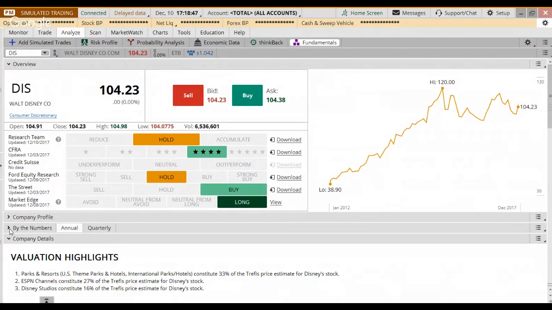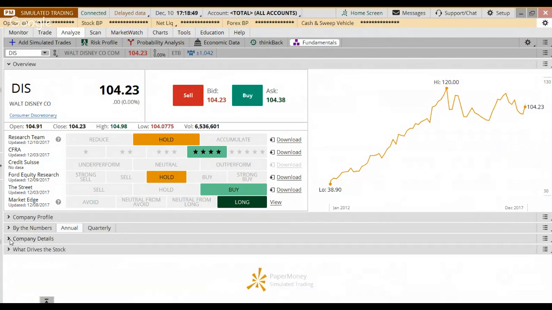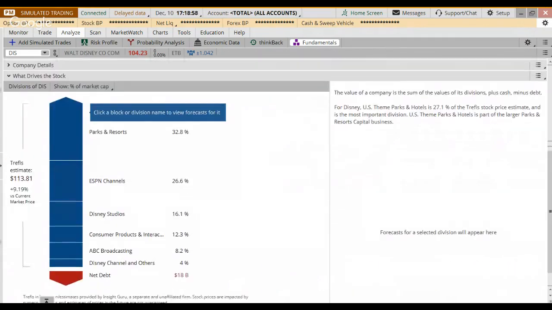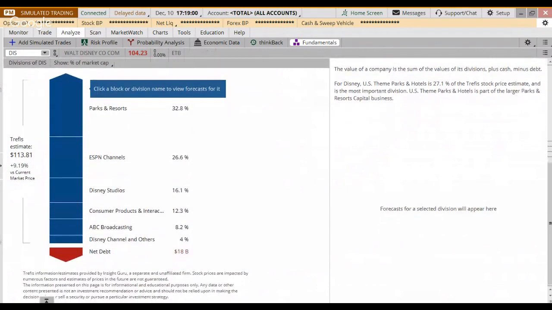But this is what I really want you to take a look at. What drives the stock? This is a great feature because while we're looking at fundamental analysis, you always hear me say there's something called practical analysis. That's where all the news and different events can change the direction of a stock.